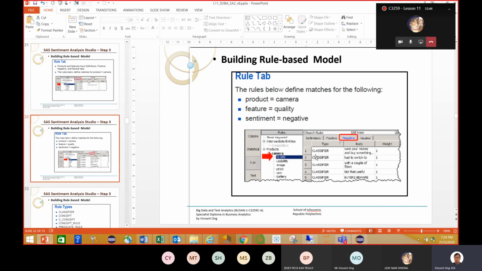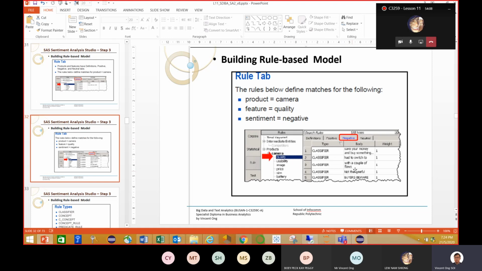If you look here, the camera itself is a product, so I can define the feature. That means we are going down to the next level. For example, I want to define a feature called quality. So I will have positive and negative. This is the negative definition.